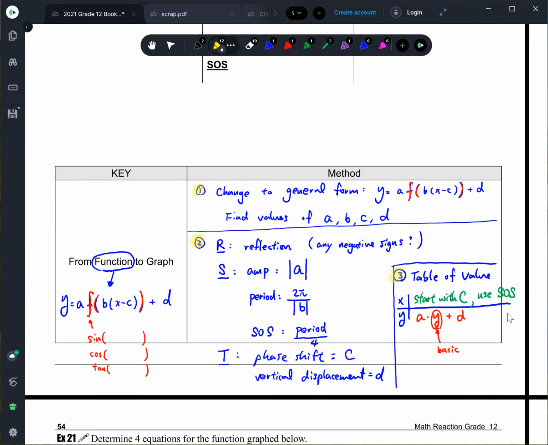Change to general form, get the ABCD, find the RST, get a table. If you finish copying, please raise your hand. And if you have any question, let me know right now, okay? Any part that's not clear, still confused?